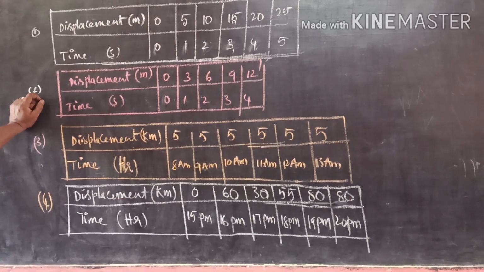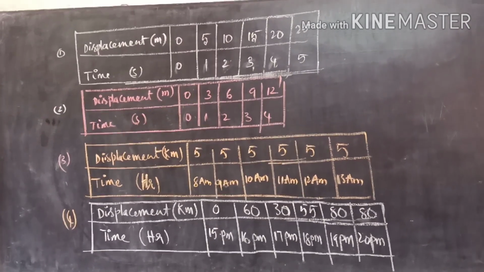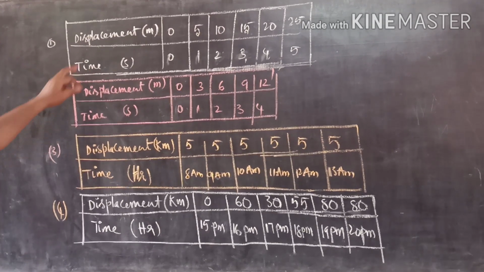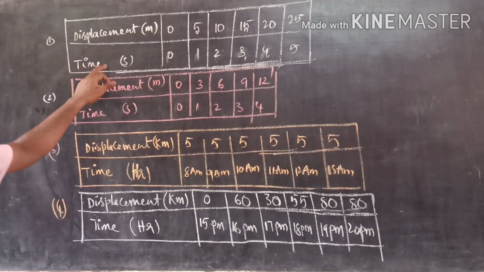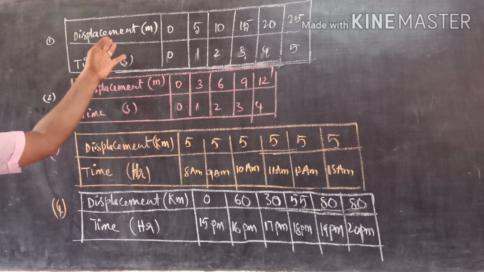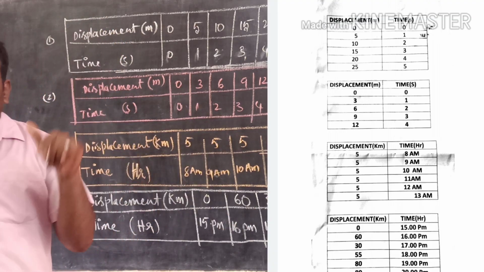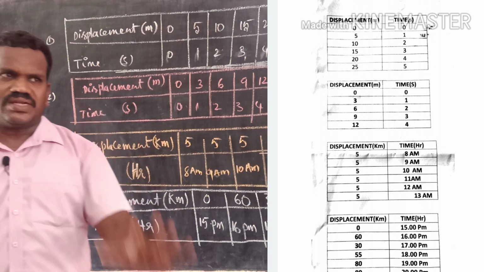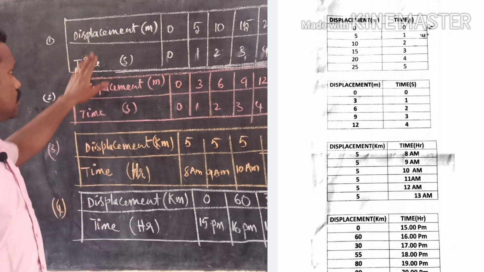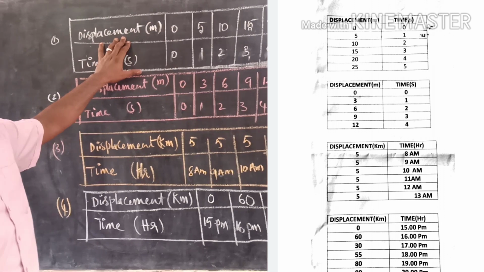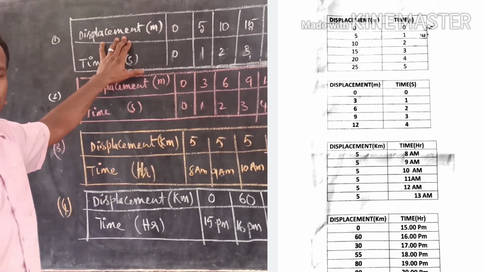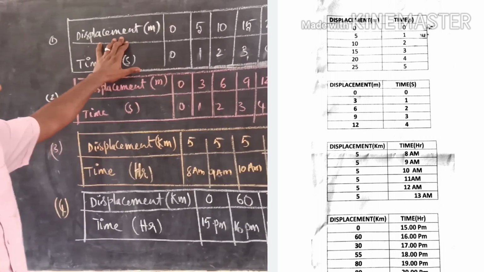Here some tables are given. In this table we can observe the displacement and time. Directed distance travelled is nothing but displacement. So if displacement is provided, automatically distance is also provided.